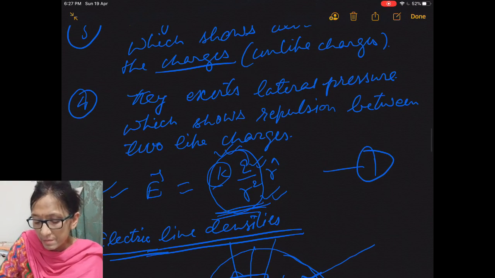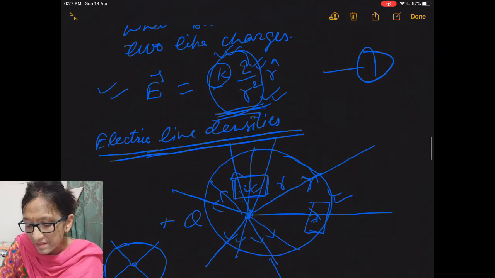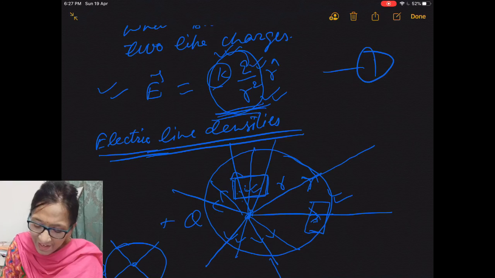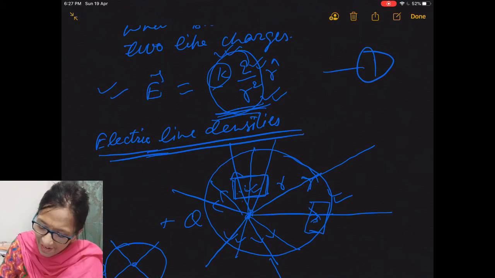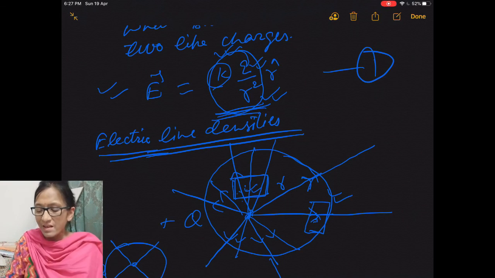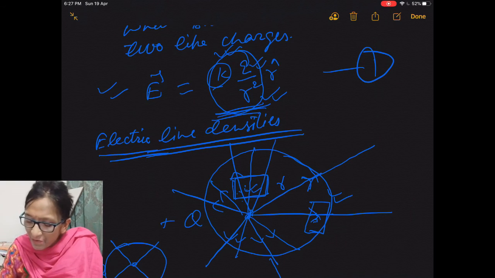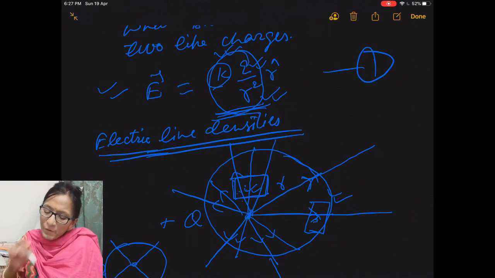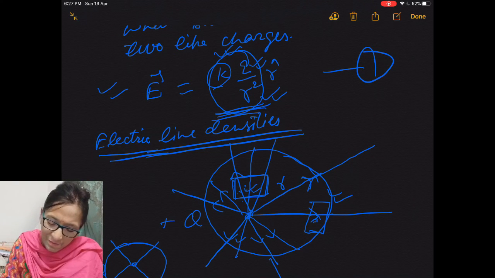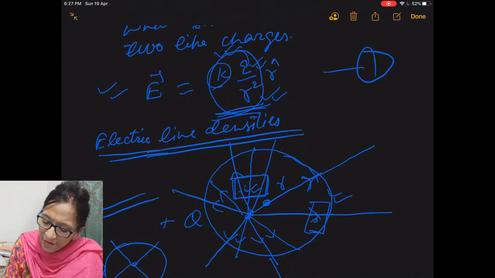So these are some properties of electric field lines, and we saw very clearly and pictorially that it represents electric field. When you have been given electric field lines, you can have a very good idea of electric field at any point.